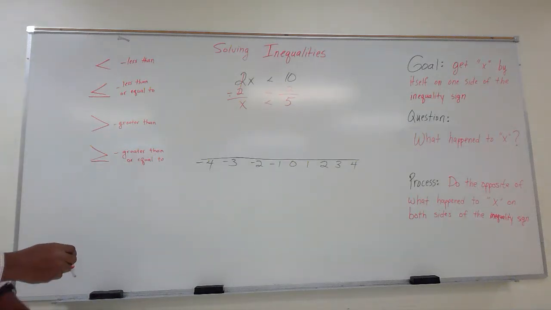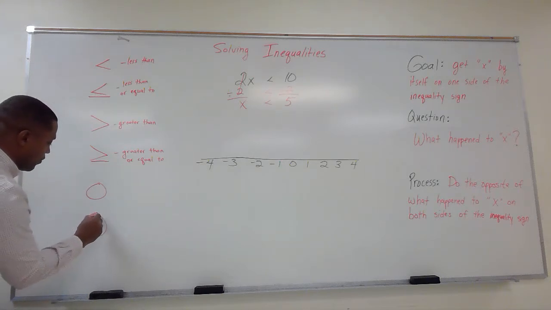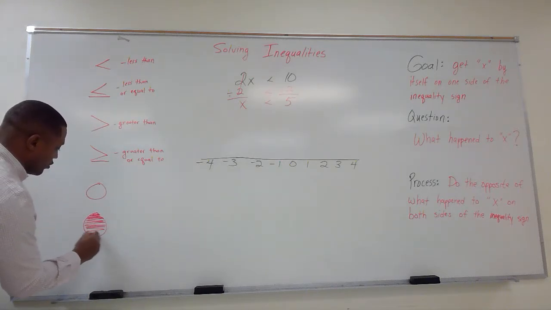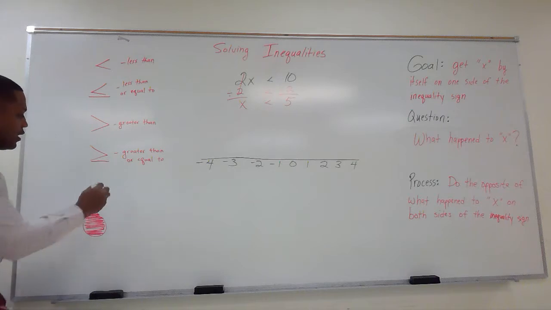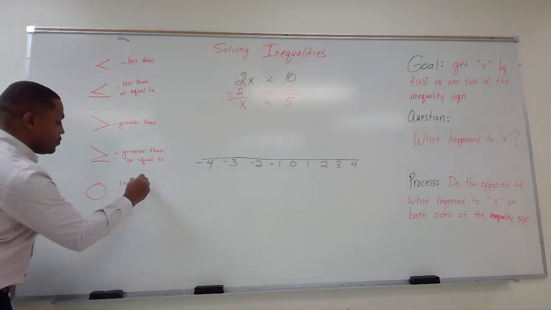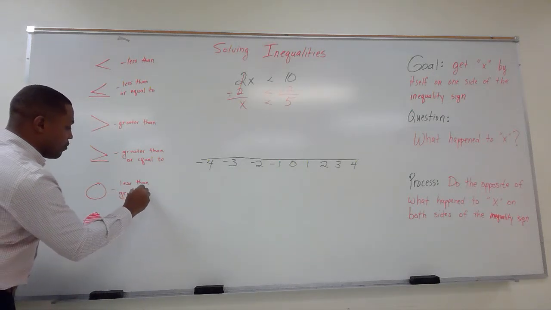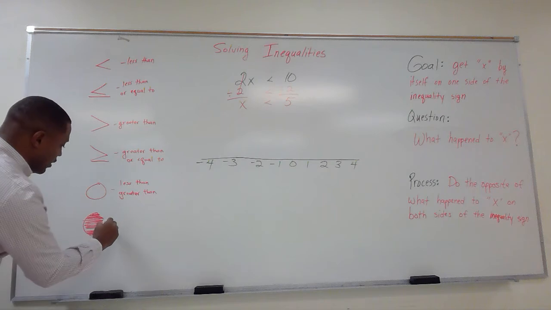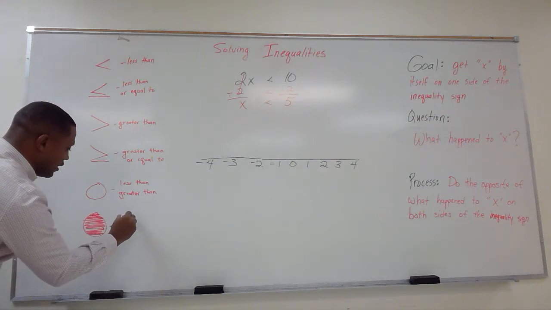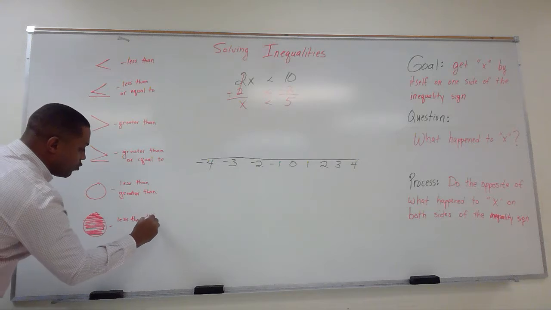With that being said, that means I'm going to have to introduce two more figures here. Okay? This one can mean less than. It can also mean greater than. This one can mean less than or equal to.